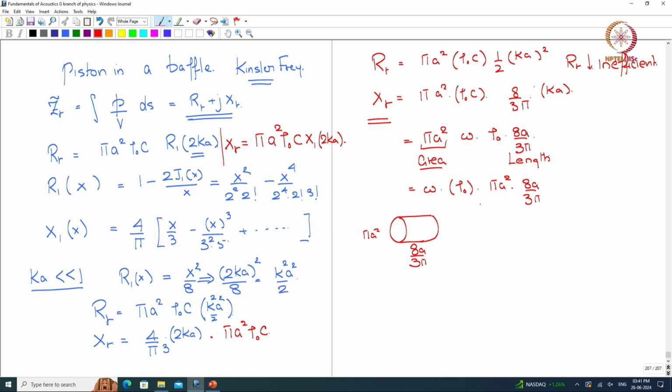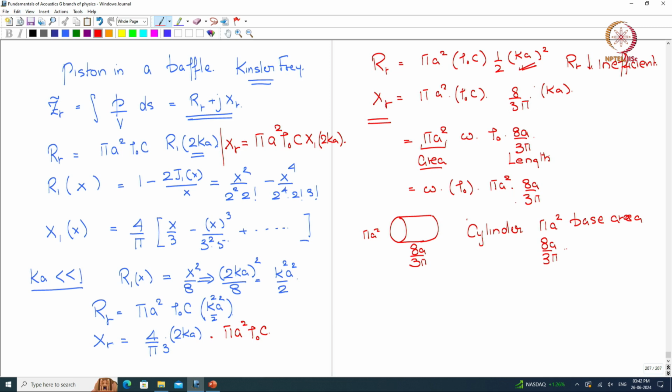Okay, so that means what? The rest of the medium looks like a cylinder, okay, with a base area pi a square and a length of 8a by 3 pi. Okay. So, for small Ka, if this is ignored, Rr is nearly 0, then the reactance dominates, and how does the reactance look like?